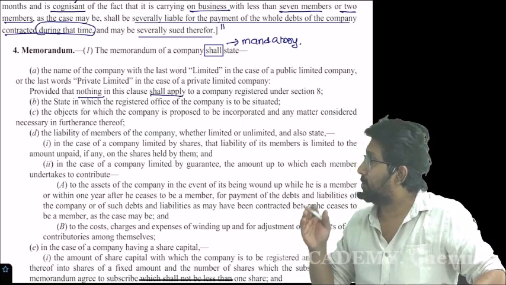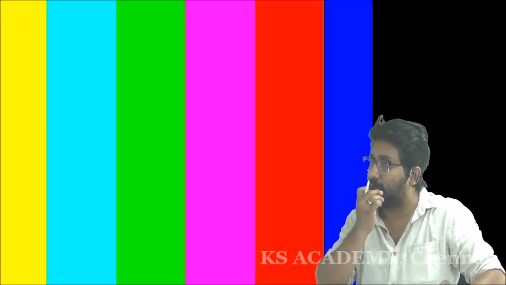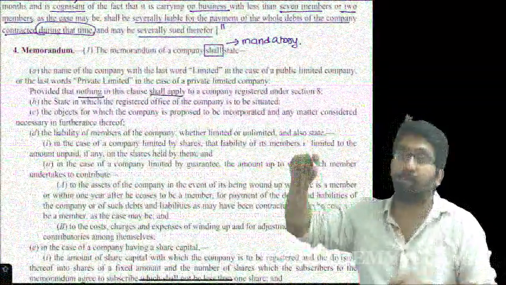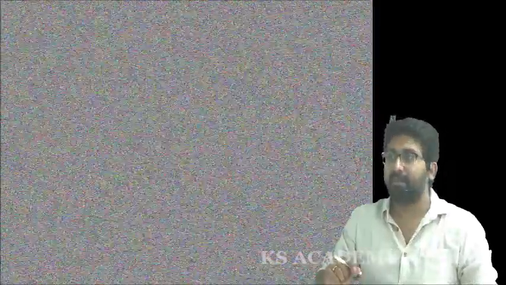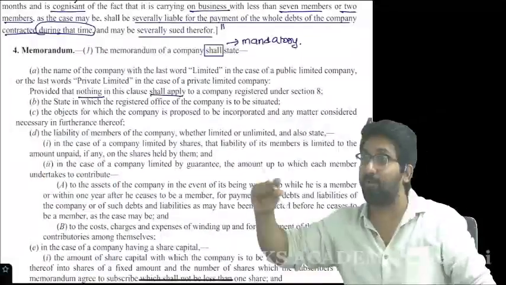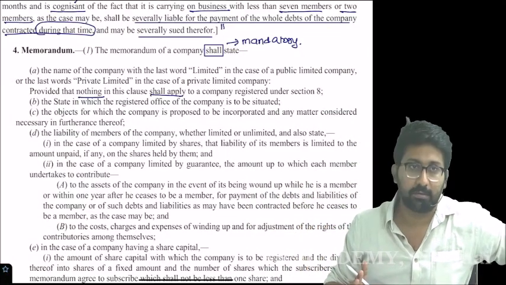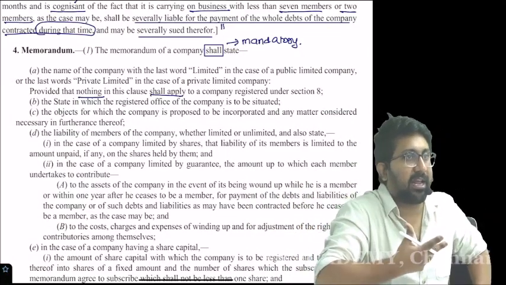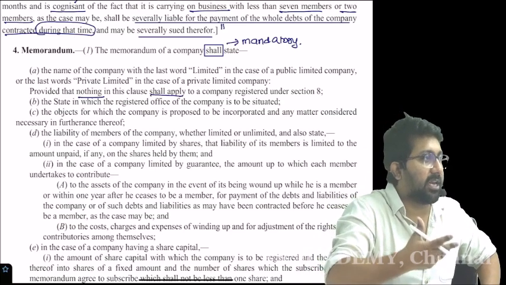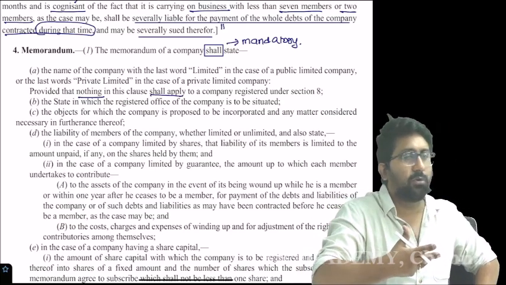Clear? Because most Section 8 companies will like to add some other service motto at the end of the name. For example, Isha Foundation, not Isha Private Limited. It means people should recognize that this is not a commercial entity; it is an entity to do some service.